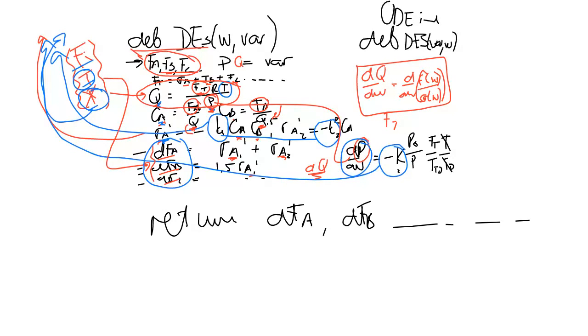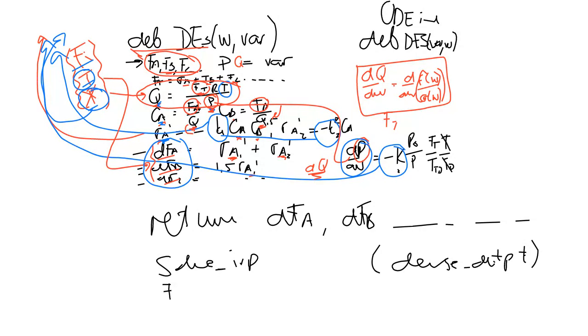Whether I use solve IVP or odeint, I will be able to use that dense output. I've got some videos where I try to explain how to use this dense output. Please ask again if you need more clarity on that. If we've got time in the lecture, we can go into that if you're still unsure about it. But I can generate array values for my Fs and my pressure and my temperature, everything that is returned here.